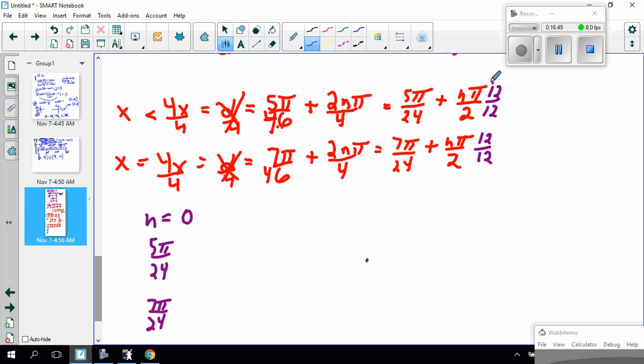Now, if n is 1, you're really adding 12 pi over 24. So we'll go plus 12, plus 12, plus 12. 43. Nope, 41.